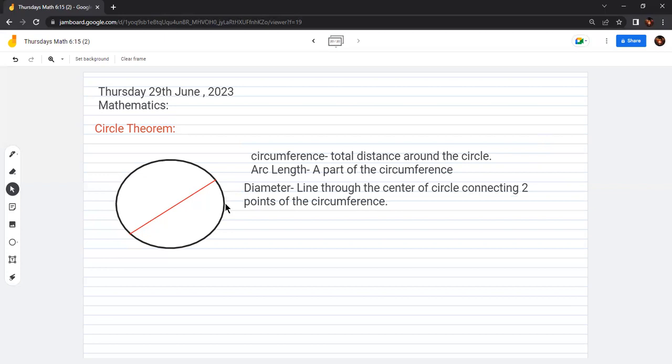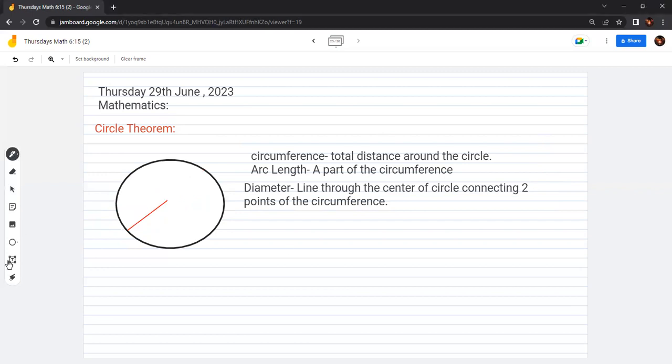Then you have your radius. Your radius is from the center to any point on the circumference. Your radius is actually half of your diameter. You must know this.